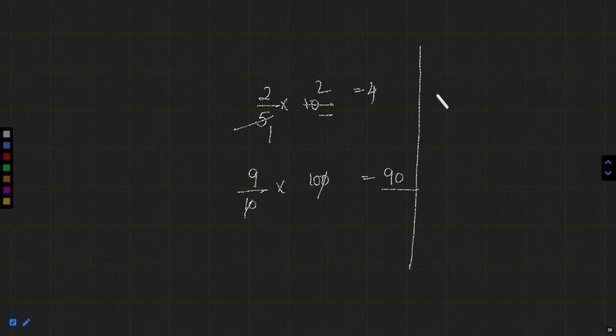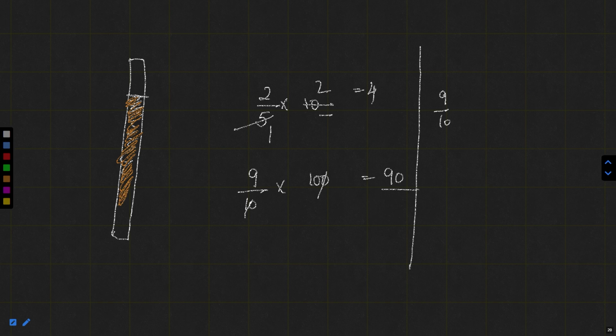But if I say 9 by 10 of something which is only one, it means it is singular or it is uncountable. And if I'm making something out of, for example, there is a pillar, and 9 by 10, it means up to this part has been rotten away. So this has been rotten away, it means this has been destroyed.